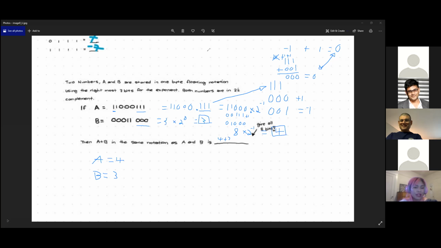But you have to put it back into the notation that A and B were in, so you have to put it back into the floating point notation: 0.111 plus 00011.000. If you want me to write it like this, that way we can do our addition: 00011.000.